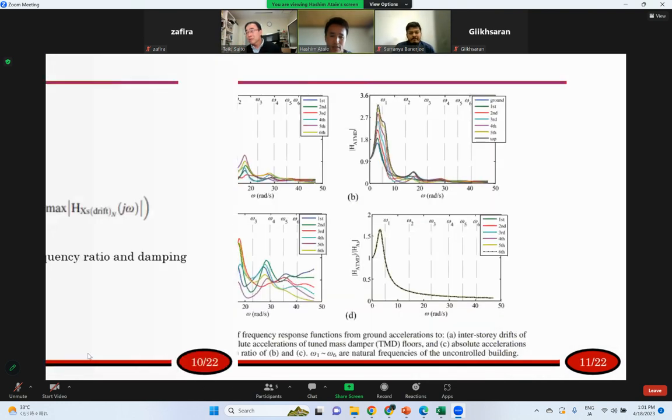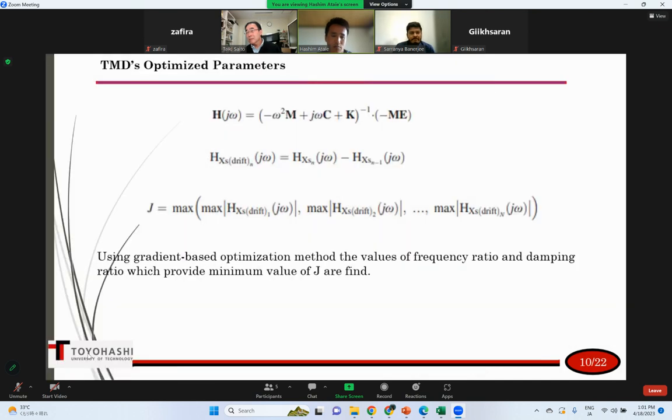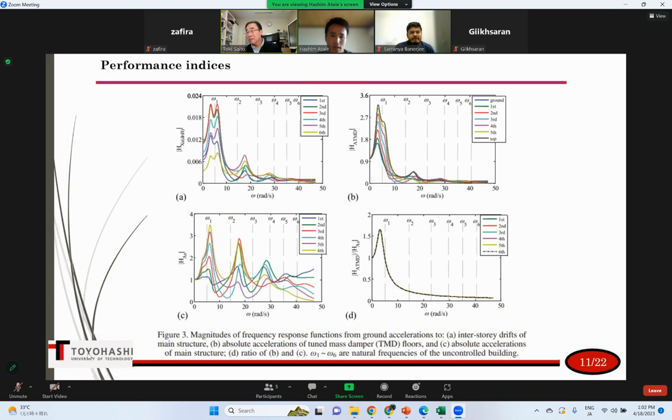But they didn't present more about the optimization method. And these are the performance indices: the frequency response function of interstory drift, and also the frequency response function of the absolute acceleration of the damper and the absolute acceleration of the main structure.